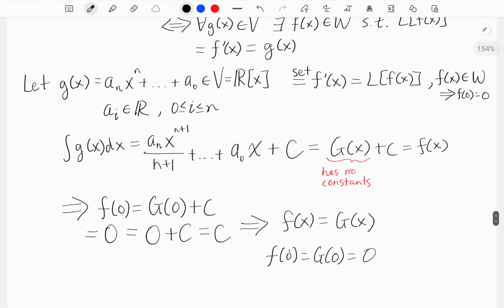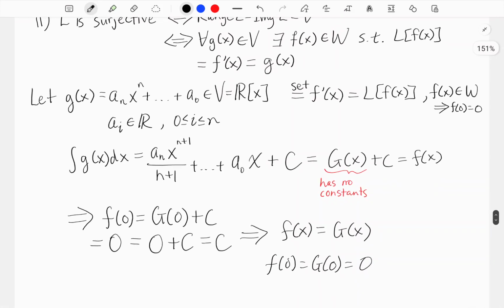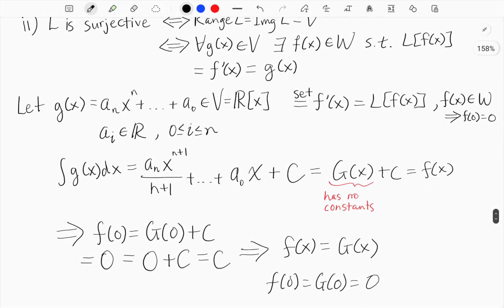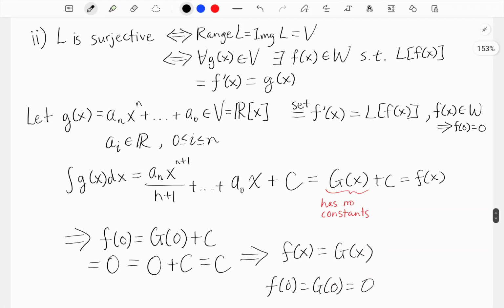So this part, to show surjectivity, is a bit more difficult, I would say, because here we're essentially just working backwards, trying to see if I can find a polynomial in my domain so that its derivative is my little g of x in my codomain.